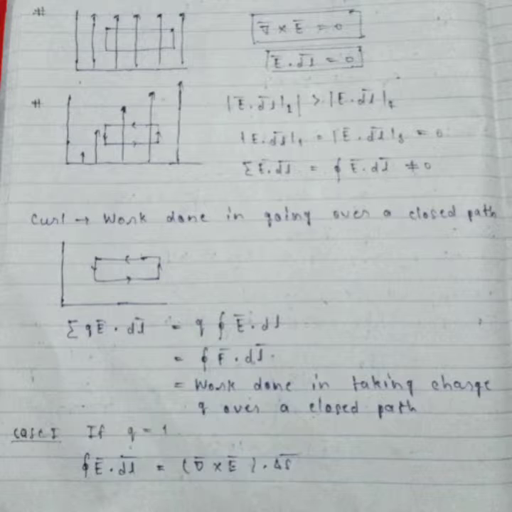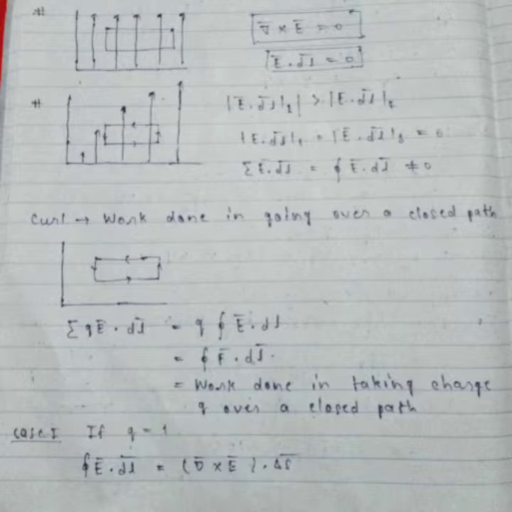Let's take another example. In the xy plane again, if I have a vector field which is increasing with distance, and if I take a path like this and this, and again calculate E dot dl, you will notice that on this side, let's name it 1, 2, 3, 4. Contribution on 2 would be larger than the negative contribution on 4.